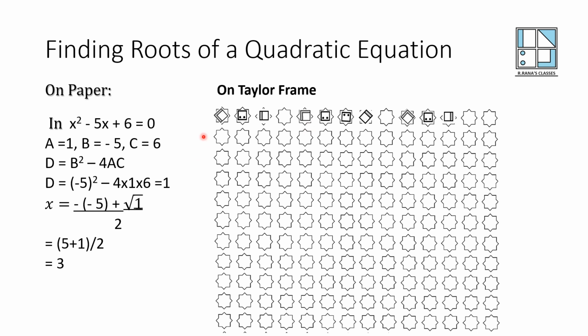Now in this, a is equal to 1, b is equal to minus 5, this is minus, this is 5, so b is equal to minus 5, and c is equal to 6, this is c is equal to 6. So we have written the coefficients of x squared, x and the constant term on the Taylor frame.